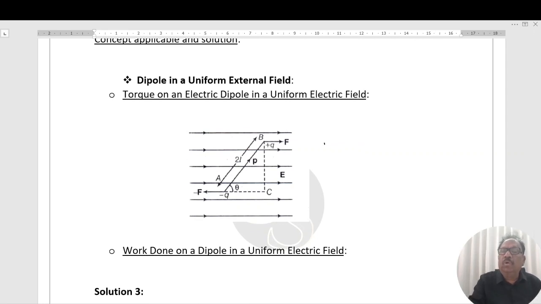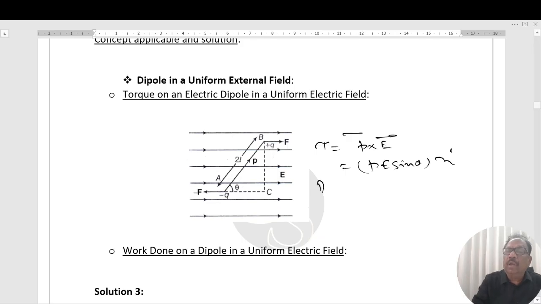Let's start. We know a dipole in an electric field experiences torque. Torque is P cross E, the cross product, that is PE sin theta into a unit vector in the direction perpendicular to both P and E, because it is a cross product.